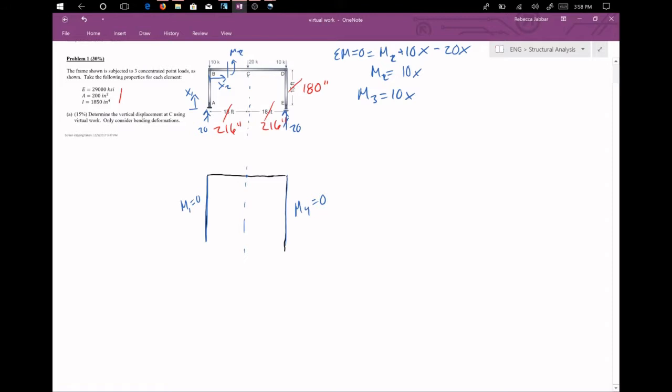So then when we're drawing the diagram, it'll look something like this. This top point, you'll just plug in 216 into x, and you'll get 2160 over EI. It'll be this top guy. Just like the other one, I like to do this first.